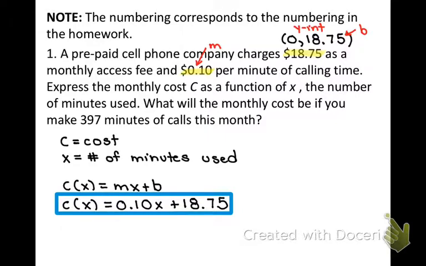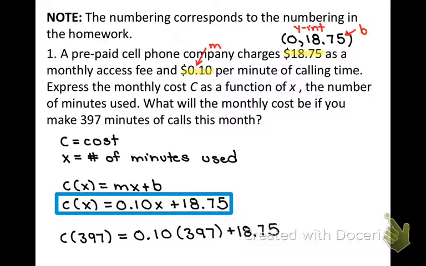So what I need to do is plug in 397. So I'm going to have C of 397 equals 0.10 times 397 plus $18.75. Now, a calculator can certainly come in handy in these types of problems. You're going to find that this is equal to $58.45.